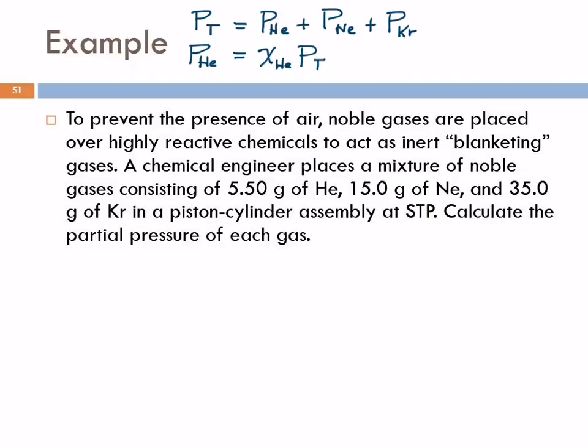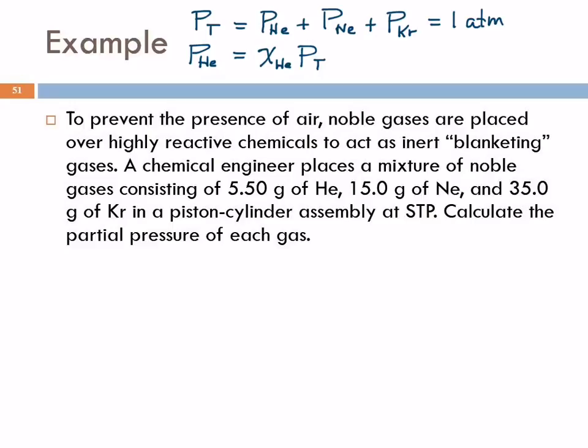So those are the 2 equations that we have for mixtures of gases. Well, these are the things we're trying to find, right? The partial pressure of each gas. Do we know what the total pressure is? At STP, what's standard pressure? 1 atmosphere. So we know that this is equal to 1 atmosphere.